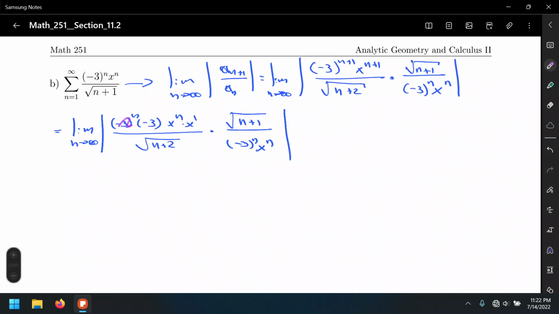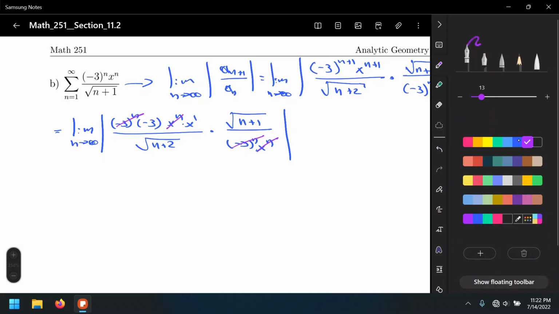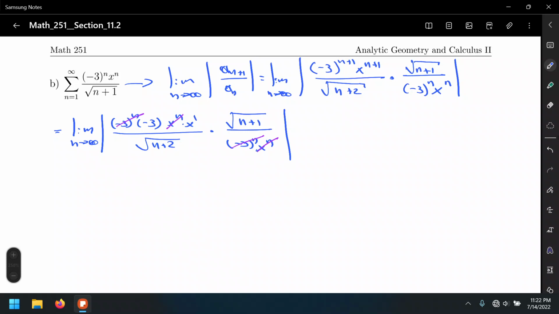So we can cancel out negative 3 to the n, negative 3 to the n, x to the n, and x to the n. I think that's about it for cancellations. And we will be left with the limit as n approaches infinity of the absolute value of negative 3x times the square root of n plus 1 over the square root of n plus 2.